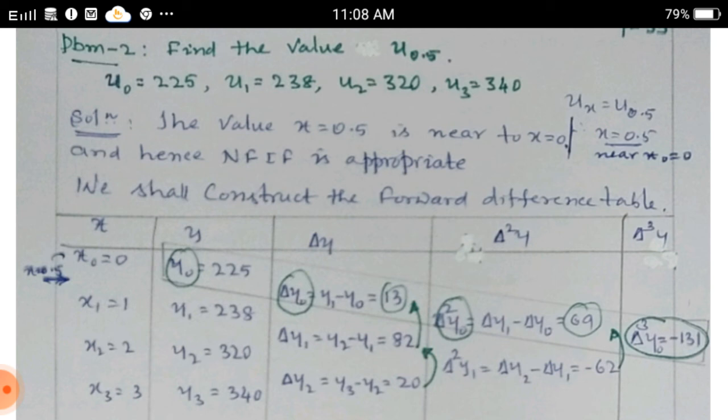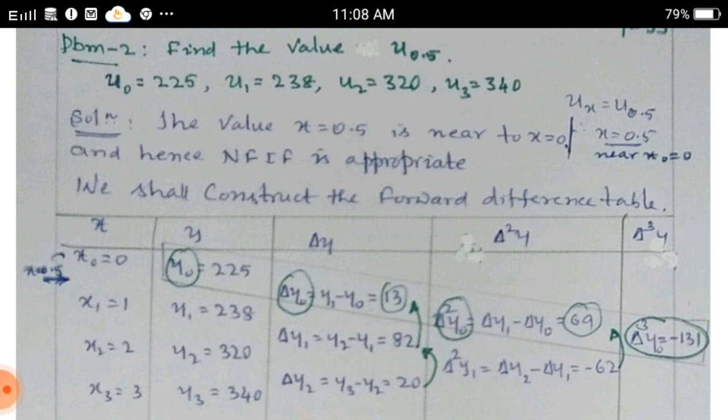When x is equal to 1, y of x1 is equal to y1 is equal to 238. Y of x2 is equal to y2 is equal to 320. Y3 at x is equal to 3 is equal to 340. First difference delta y, second difference delta square y, third difference delta cube y, and so on.